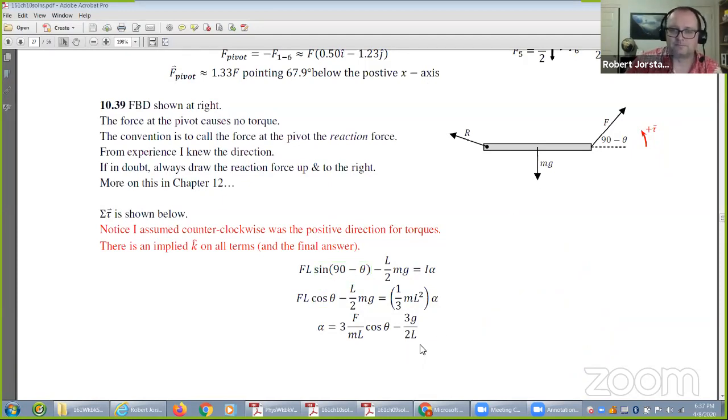All right. I've got a question for you. After all this work, we figured out the moment of inertia here. We did the forces, we got all the torques, and so we got alpha. And now let's say I wanted to figure out how long it takes this thing to swing down. Well, I'm going to write something here, and I want you to tell me why this is a totally wrong thing to do.